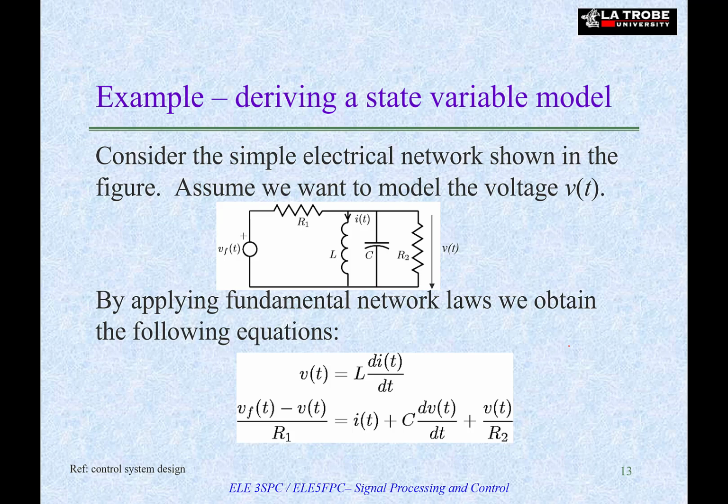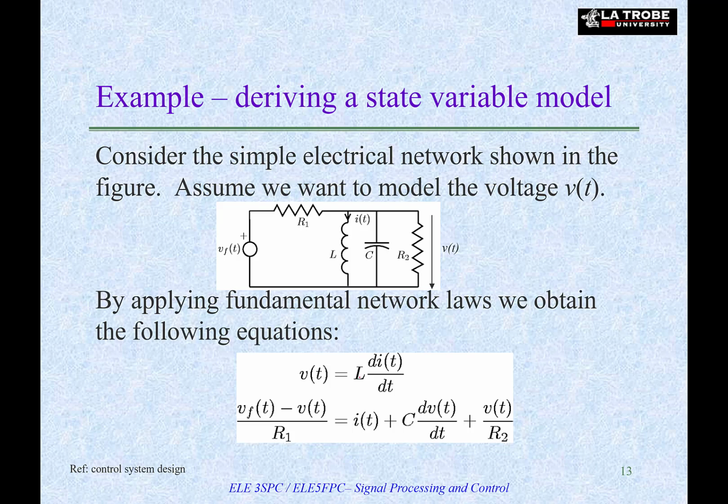The input is a voltage source. The way we write a state variable model is by applying our knowledge of circuits, which is supported by KCL or KVL. So by applying fundamental network laws, we obtain these equations.